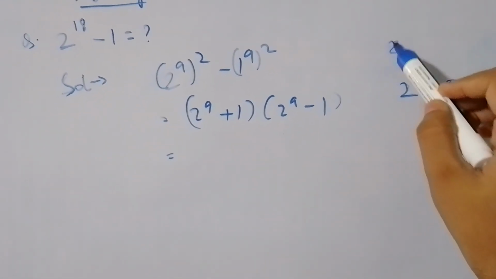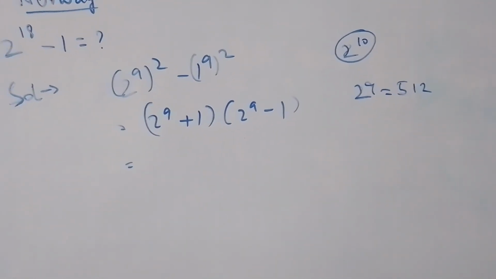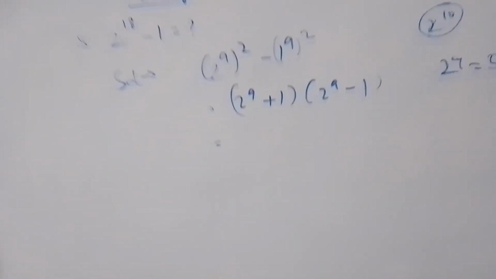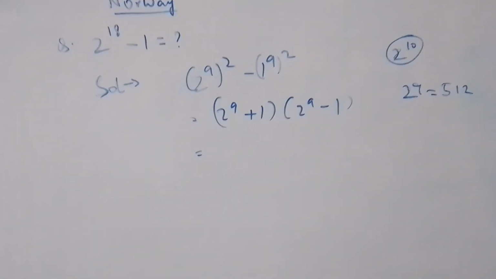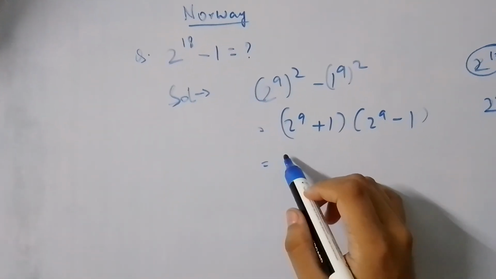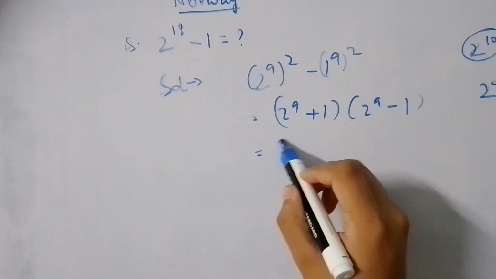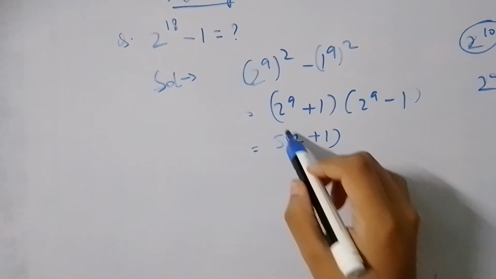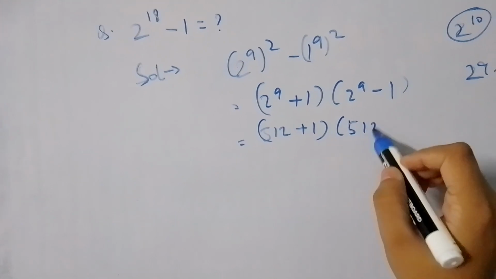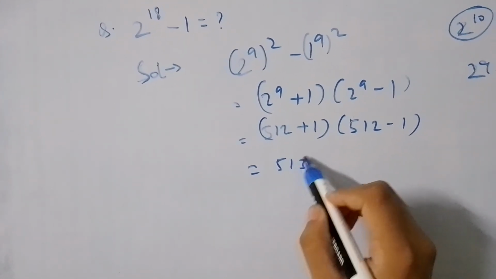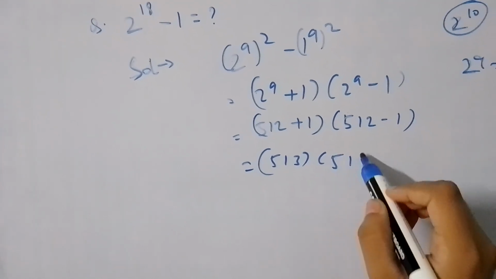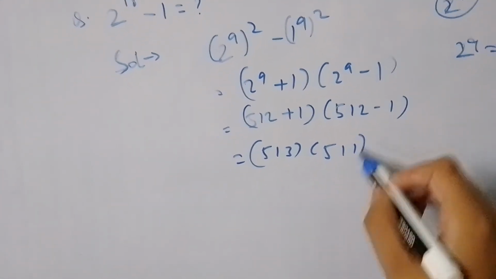If you don't know, memorize the exponents of 2 at least to 2 to the power 10, which is 1024. It will be useful in Olympiads, I guess. So 512 plus 1 and 512 minus 1, so it gives 513 and 511.